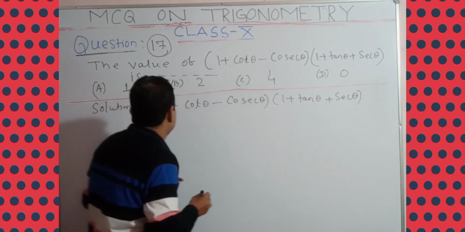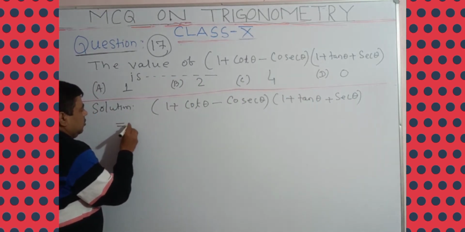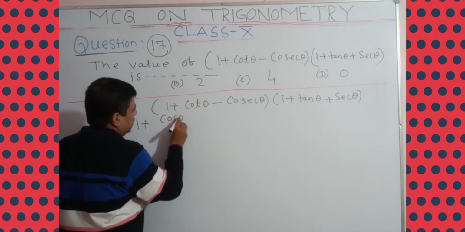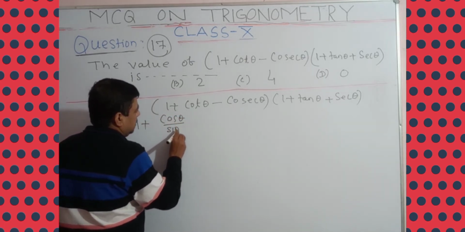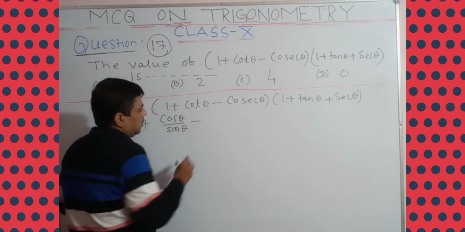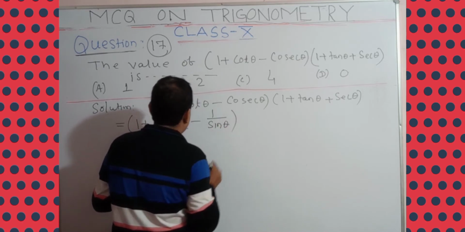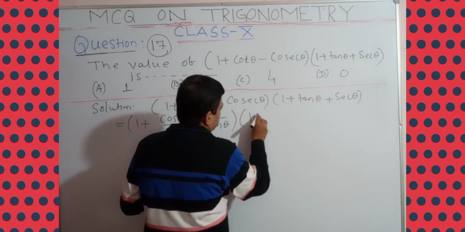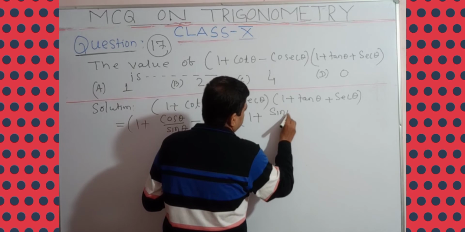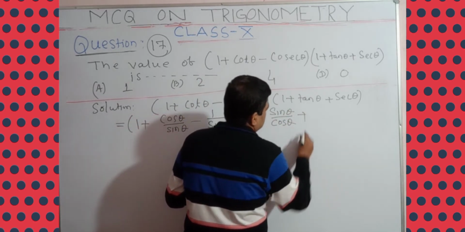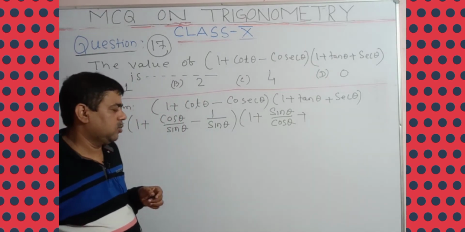See here, 1 plus cot theta. Cot theta can be written as cos theta upon sin theta, minus, and cosec theta can be written as 1 upon sin theta. Similarly, 1 plus tan theta can be written as sin theta upon cos theta, plus, and sec theta can be written as 1 upon cos theta.